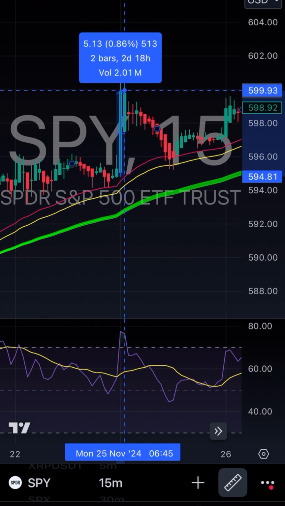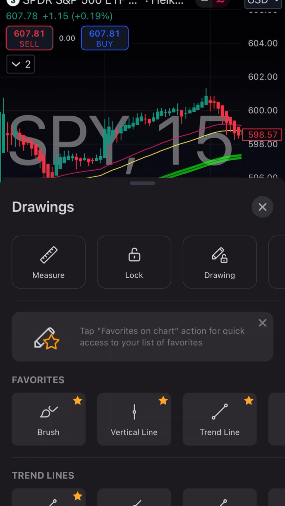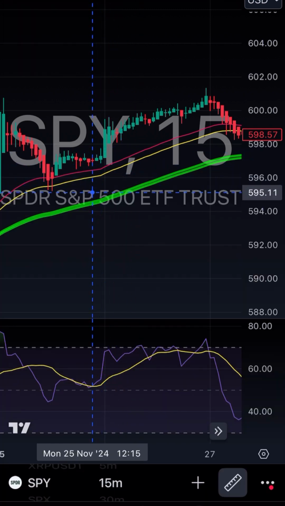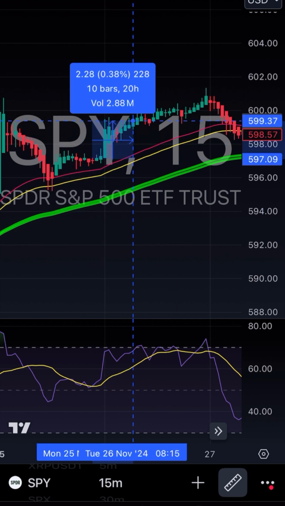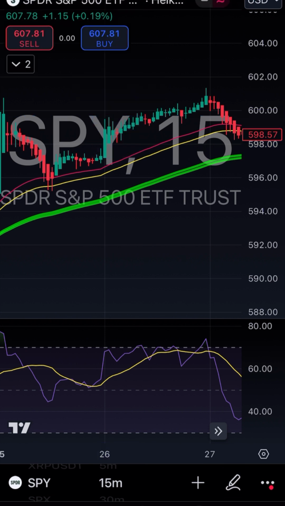Now it gets a little bit more risky when you're doing it on a smaller time frame, but this is $513 right here. You see it crossing up right about here. Ride this one out. This is about $259 in 20 hours.